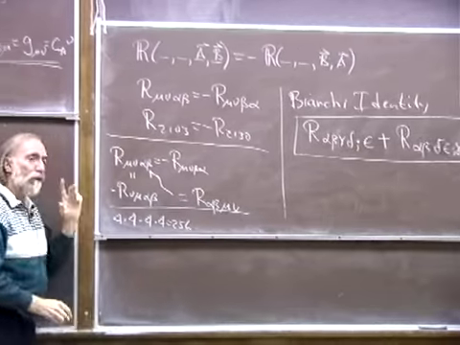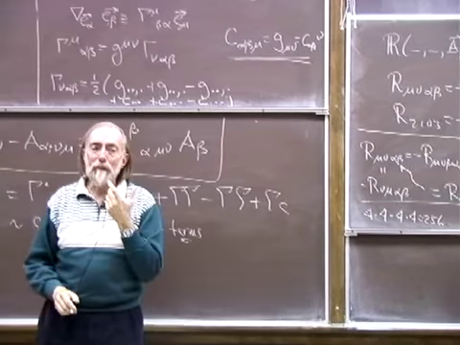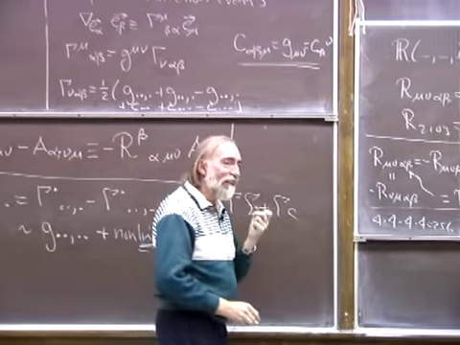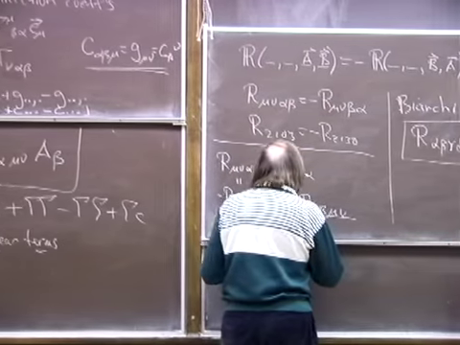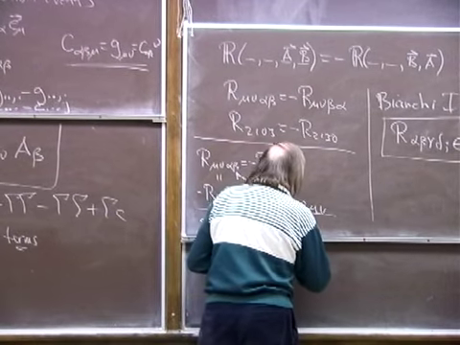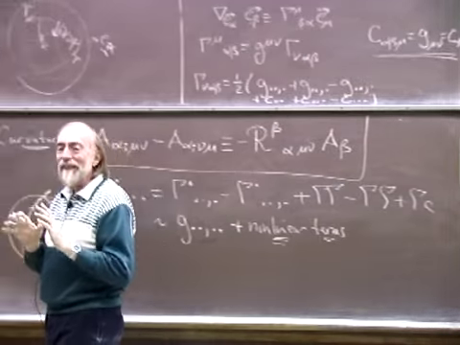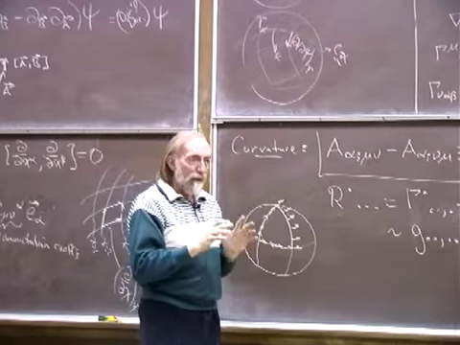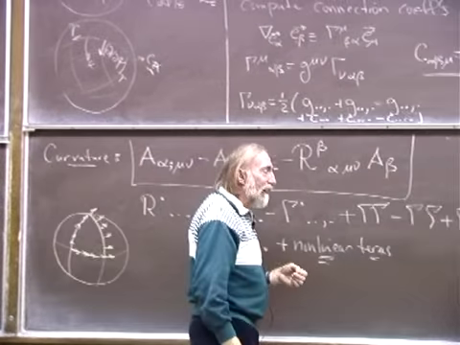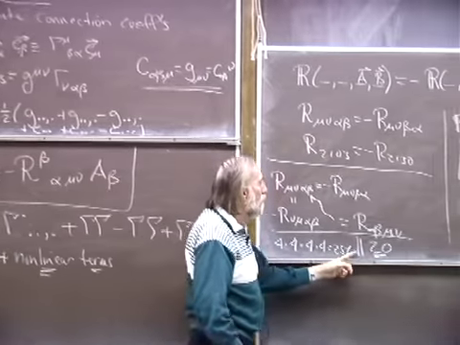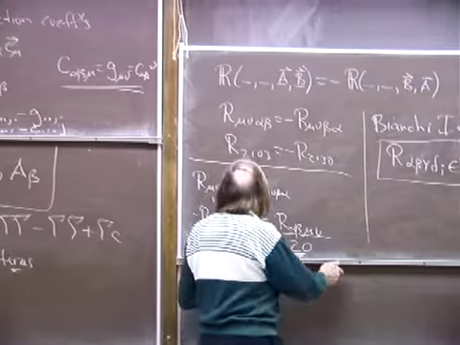So you might have thought there are 256 independent components of Riemann. It's really a rich tensor. In fact, because of these symmetries, there are only 20 independent components. So it's not nearly as rich as you thought, but it's still rich enough to be interesting and rich enough to be complex.